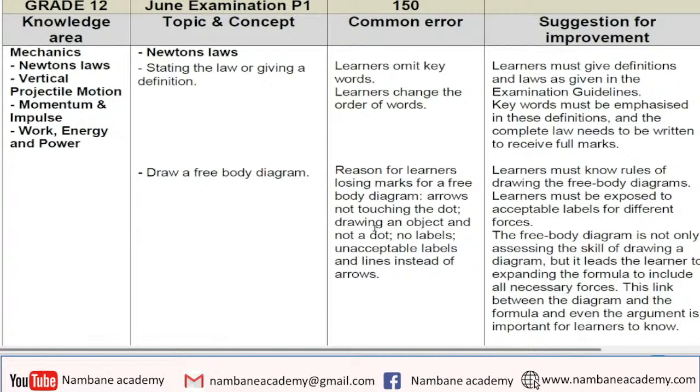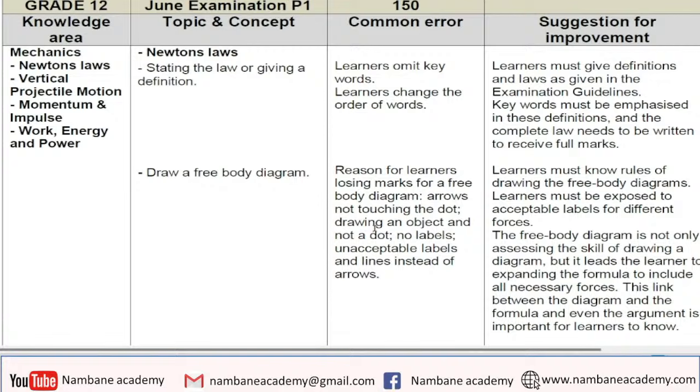I hope by now each and every learner has got a copy of the examination guideline per topic, and they know the definitions, the laws, and principles that are related to each and every topic.